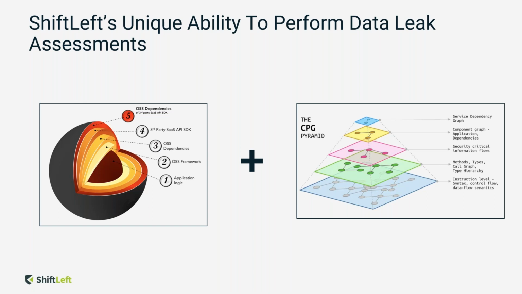And second, it also enables us to do the entire stack. Right? One thing I mentioned a couple of slides previously is that you should be able to look at your entire stack, not just what you develop, but also all the SDKs and open source frameworks and dependencies that you use. You should be able to look at data leaks across all these layers. And that's exactly what we enable you to do here at Shift Left.